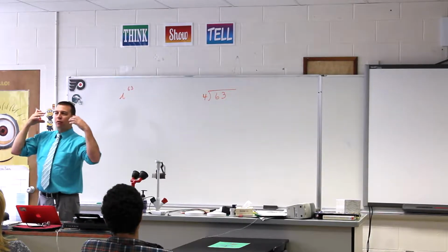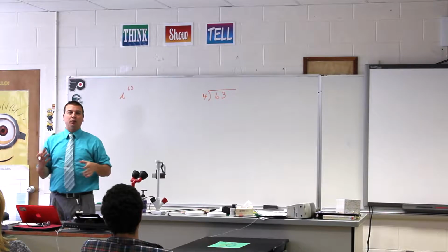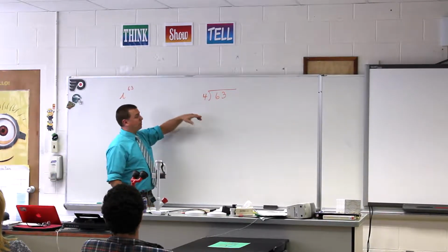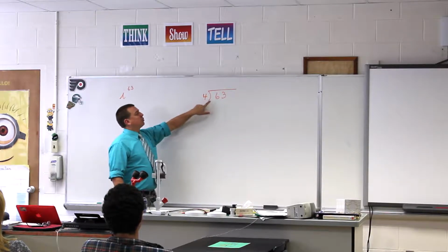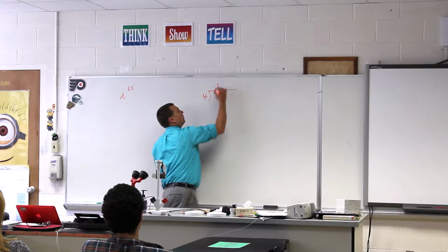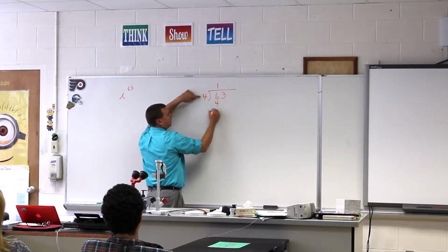All right, just again, to refresh our memory, because the process that we do here is the exact same one you'll do for long division. All right, when dividing, remember, 4 times what's going to get me close to 6? 1. Then I would take 1 times 4, and I would write it under here.